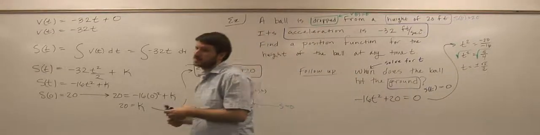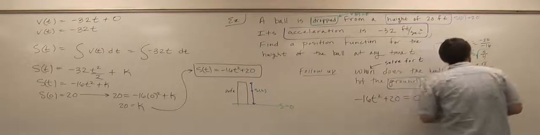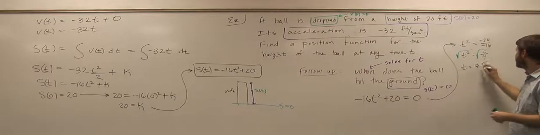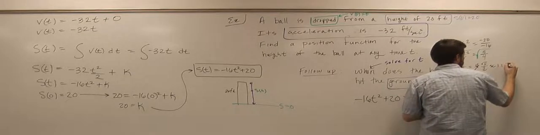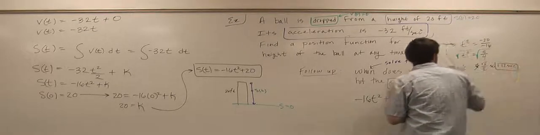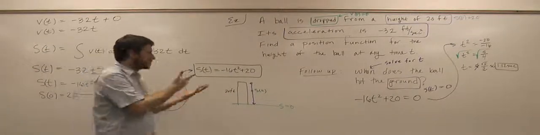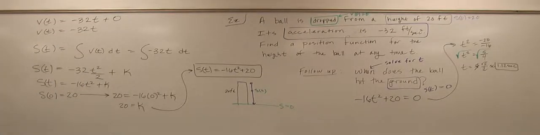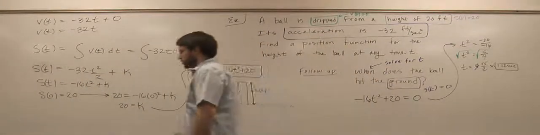Actually, do we care about the minus? No, we're not going to say the ball hit the ground root 5 over 2 seconds in the past. Did you get an approximation for me? 1.12. Down pretty quick, huh? Alrighty. Questions?